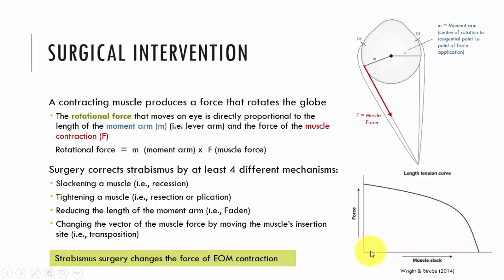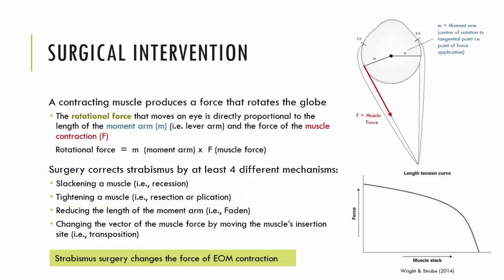What we can see is that the tighter the muscle, the greater the muscle force, and therefore the more slack a muscle is, the more reduced the force is. And so it's through this mechanism that we can change the alignment of the eyes. We can slacken a muscle or tighten a muscle in order to correct a strabismus.